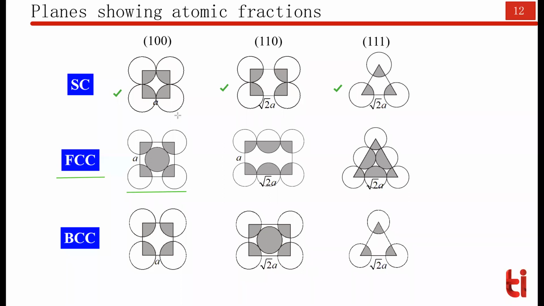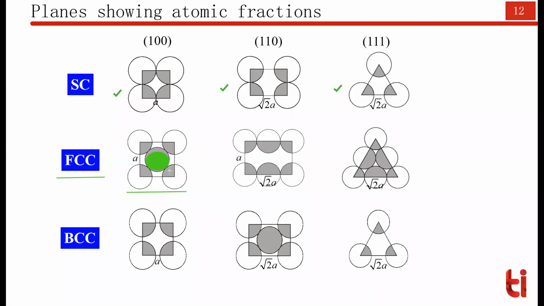But in addition to that, you have one full central atom, which is lying within the unit cell. So you can see this entire atom is within the plane. So your effective total contribution from the 100 plane will be equal to 1/4 each from 4 corners, equal to 1 atom, and 1 full atom from the face. That makes my effective contribution of the atoms equal to 2.